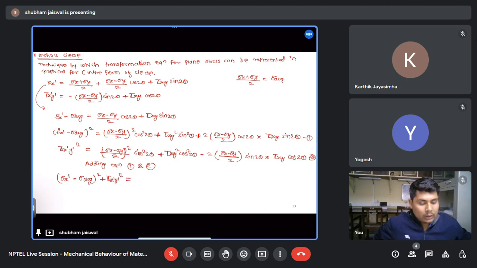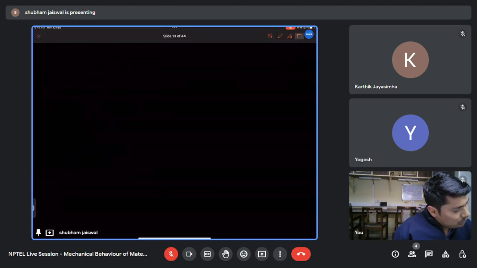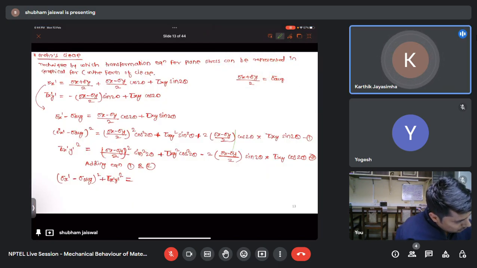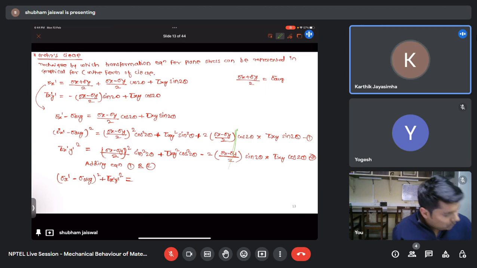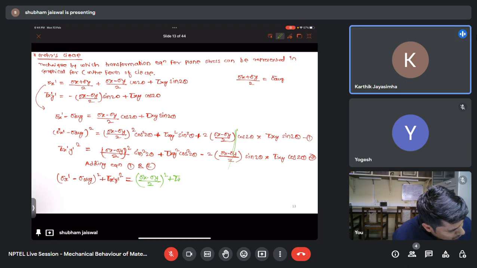It comes out to be, here you can see the cross terms cancel out, and we will get (sigma x minus sigma y) by 2, whole square, plus tau xy whole square.